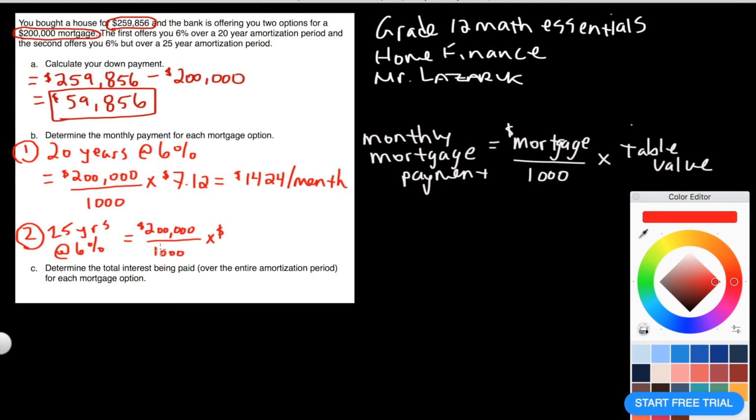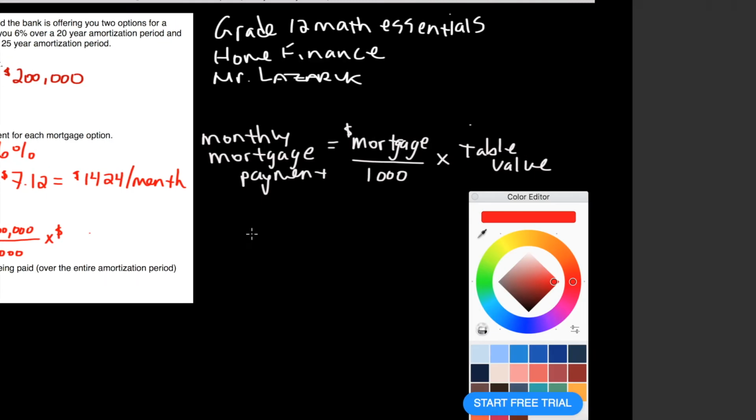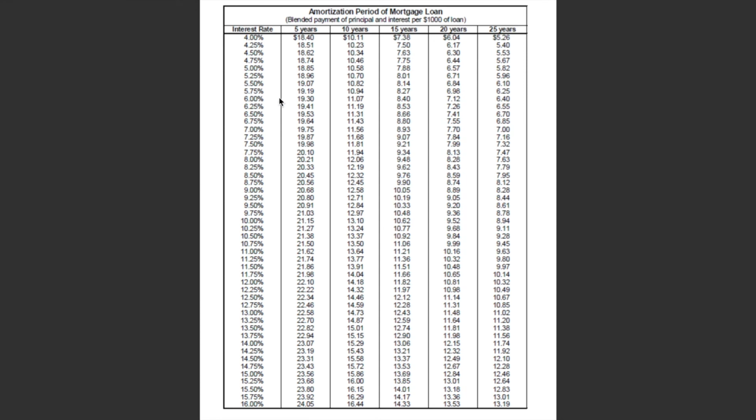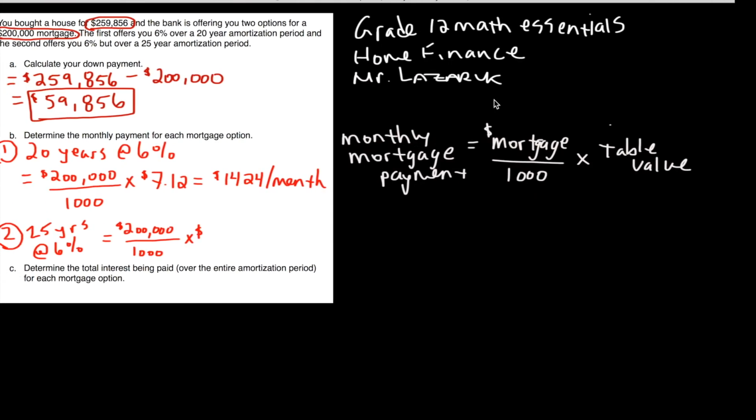So I go into my table, 6%, 25 years, and we get $6.40. Be super careful when you're moving over to look for that number. I'm doing it quickly because I know the number I'm looking for. But if you're doing a brand new question that you've never done before, make sure that you follow the numbers correctly and choose the right number. It's very easy to pick the number that's just above or just below. In this case, we want $6.40.